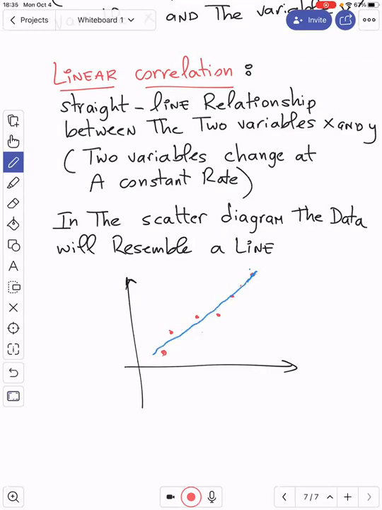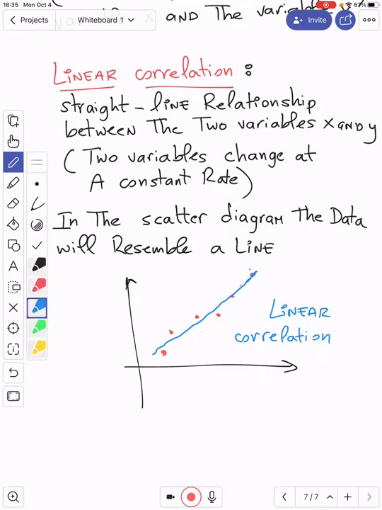So this is what I call a linear correlation, okay? And again, guys, the best line is the line that comes closest to each point, okay? That would be your best line.